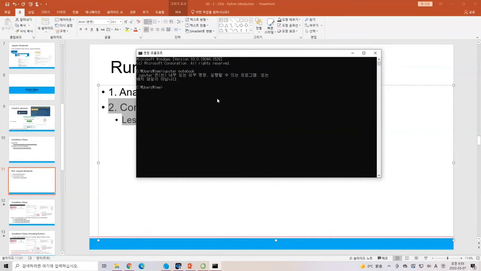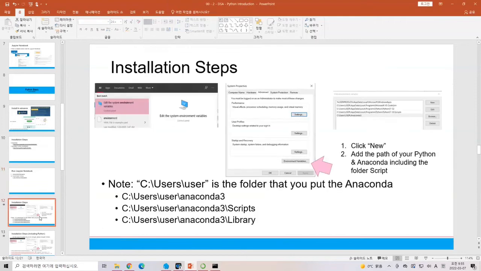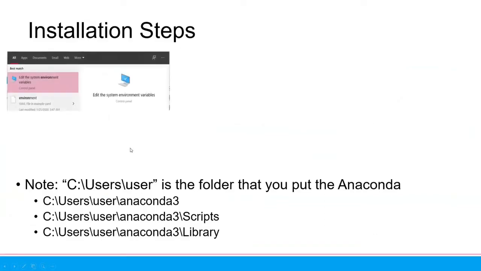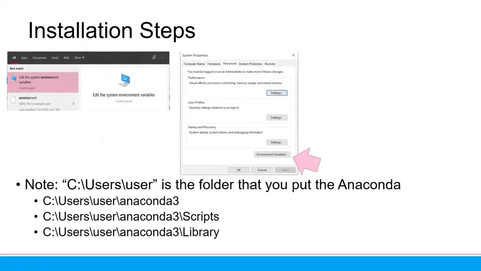Because in the computer, they do not know where is your Python, where is your Jupyter Notebook, where is your Jupyter Lab. Okay. So that's why I give you this installation steps. Okay. If you are using this Anaconda, so please check where is your Anaconda, and then you need to put the environment variables so the command prompt can understand where is your Python file.